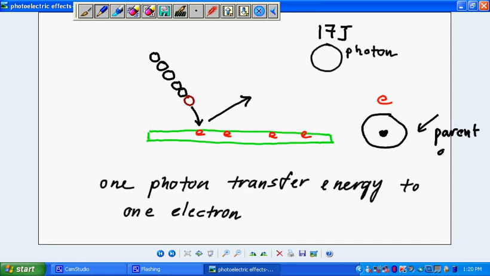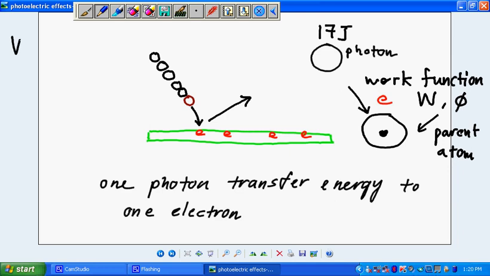So there is some kind of energy involved if you need to remove the electron from its surface. And this one we call the work function. It's like the electron binding energy. Work function in some books is written as W, in some books as phi.